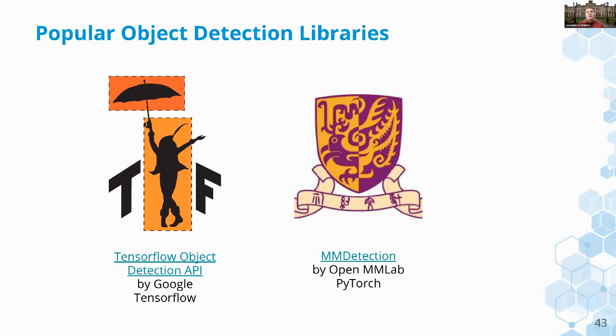And if I were to start a new project, I would definitely start using Detectron because it already contains a lot of pre-implemented stuff that I do not need to implement by myself. And I can simply concentrate on the things that really matter.